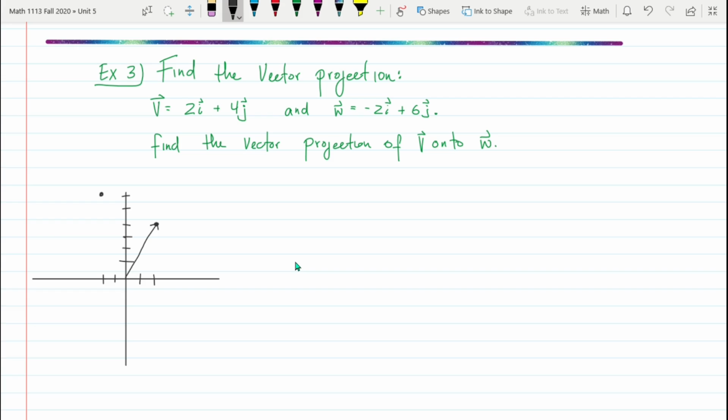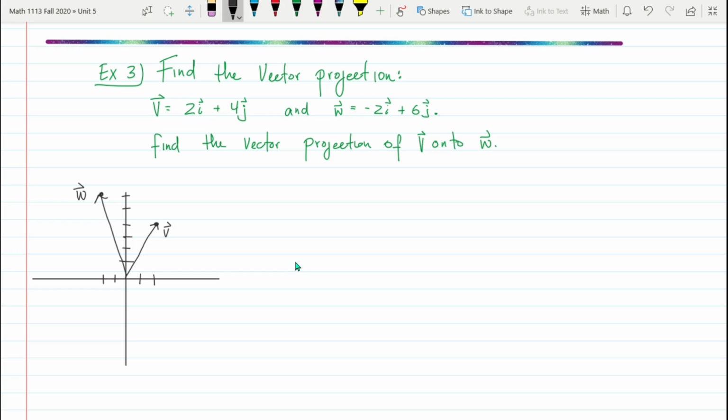So let's see if we can make that straight line happen. Okay, so this was w and this was v.